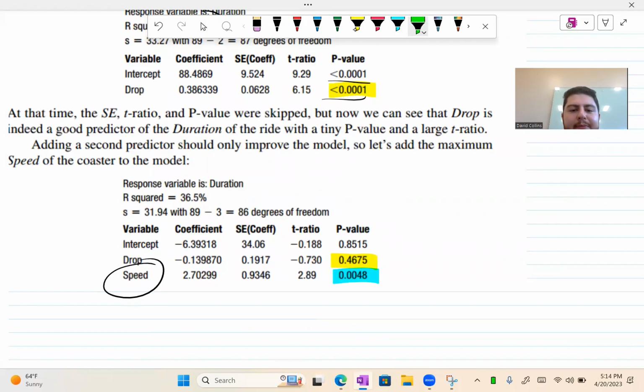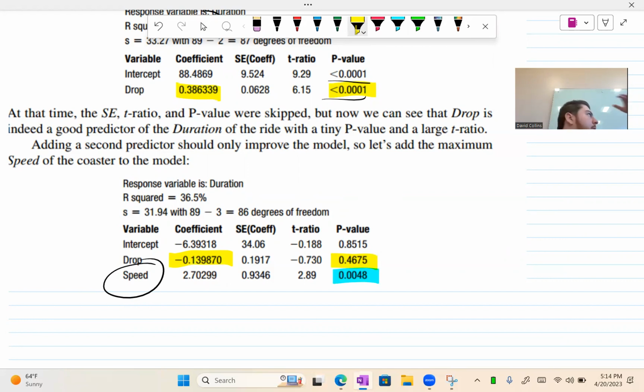Also, the drop coefficient was positive here. It's negative here. This is one way of telling that we've found collinear variables. And doesn't it logically make sense that the farther you go down, the faster you're going to go, right? Because gravity. I mean, really, it'd be like exponential or something. But this is how we know we found collinear variables.